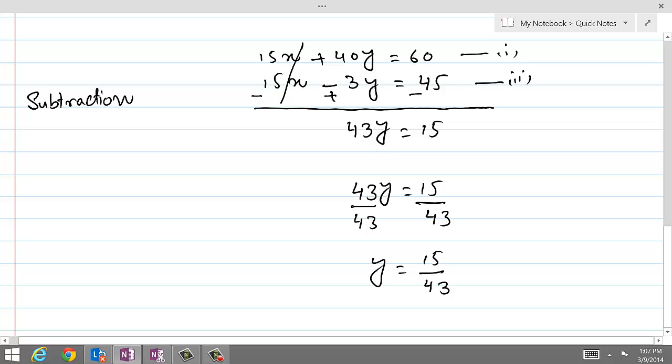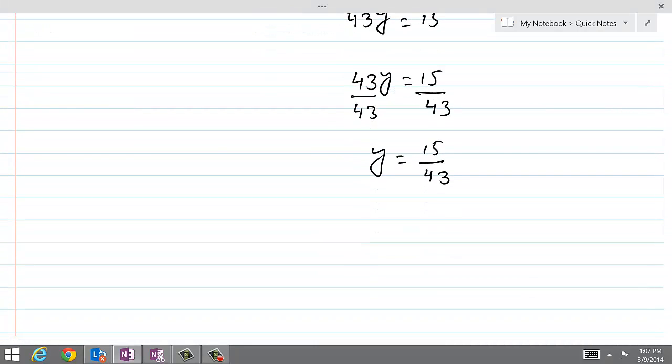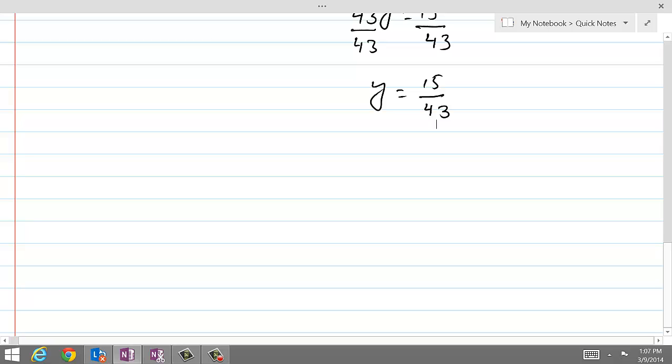And now we perform the same operation for getting the value of x.